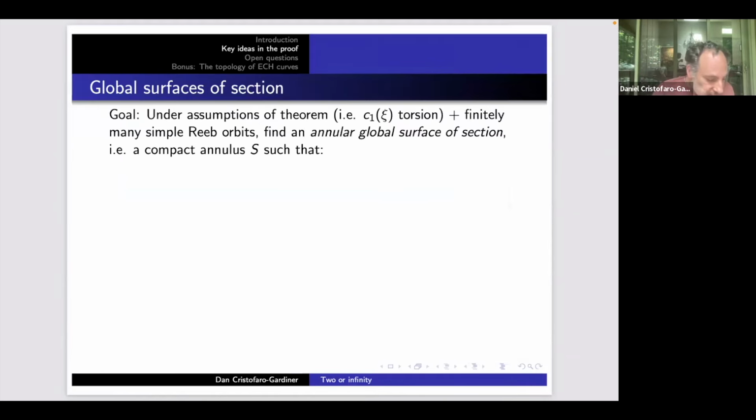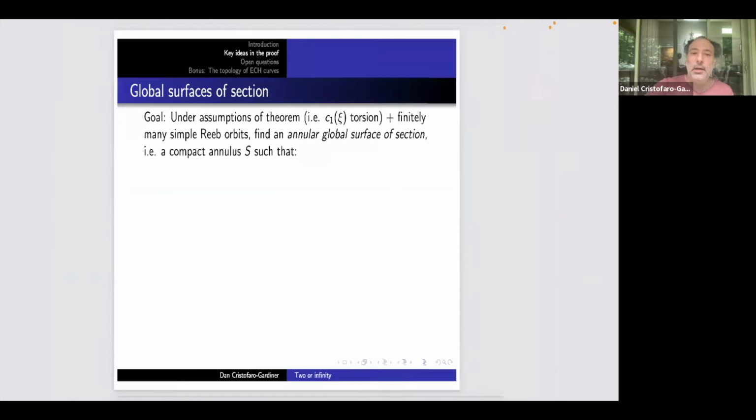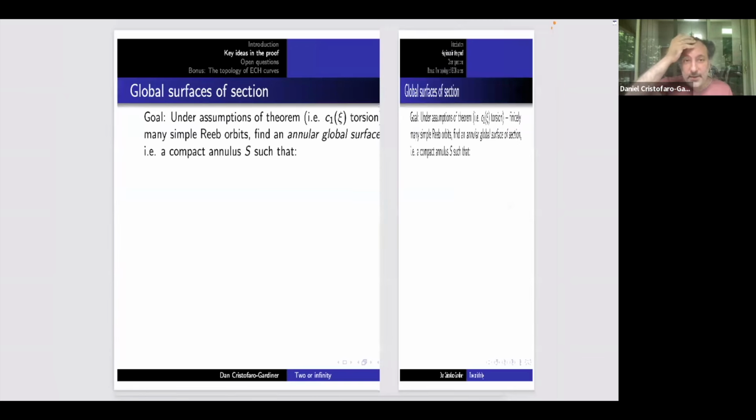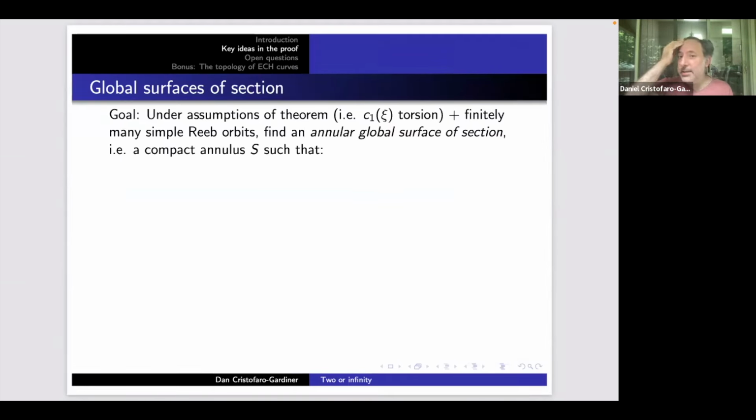Okay, so how are we going to prove this? Maybe I want to recall some of the things I already said in the introduction. The first thing I said was that, in the degenerate case, how are you even going to get started? Because maybe you want to use some kind of Floer theory, but it's not even defined without this non-degeneracy condition.